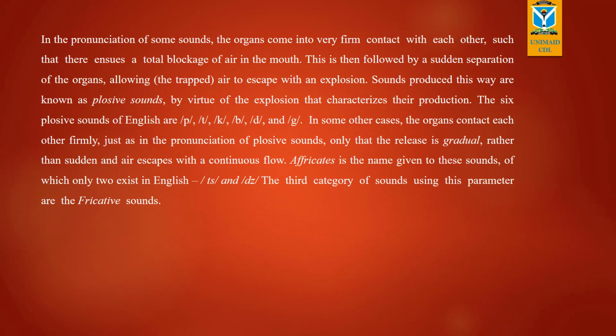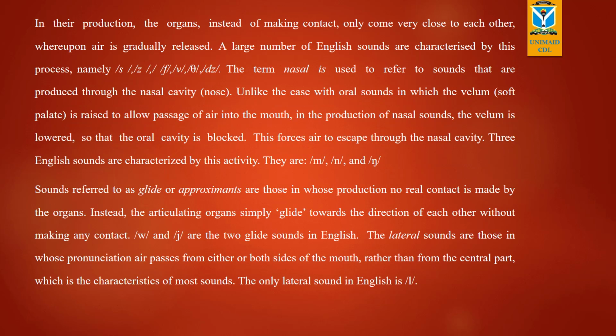The third category of sounds using this parameter are the fricative sounds. In the production of the fricative sounds, instead of making contact, the organs only come close to each other, whereupon air is released gradually and continuously. So here, the sounds produced are fricatives.